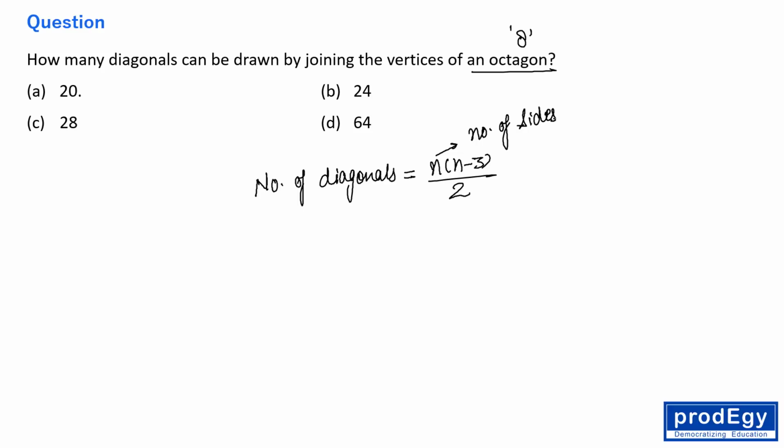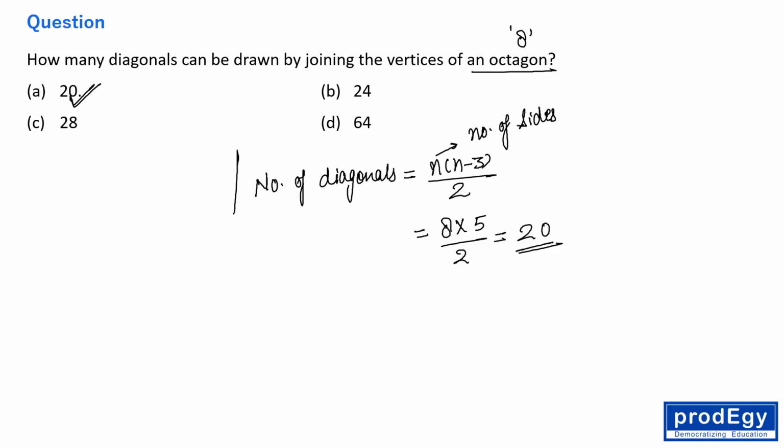So 8 into 8 minus 3, which is 5. So 8 into 5 is 40, 40 by 2 is 20. So we have 20 diagonals in a regular octagon. The answer is 20.